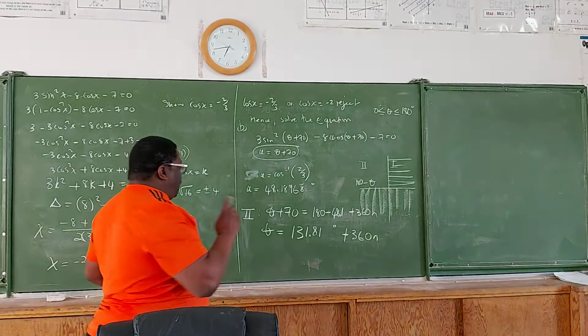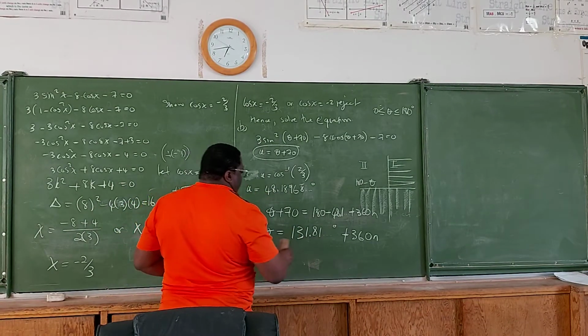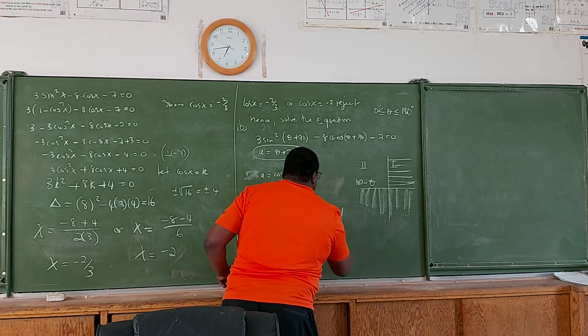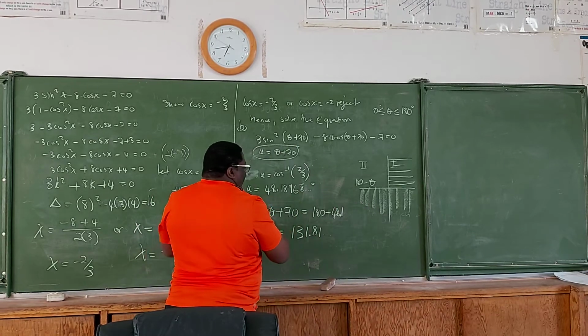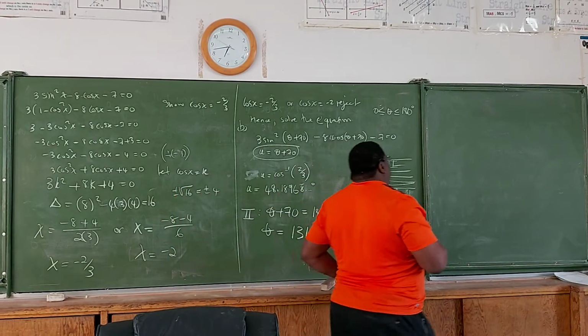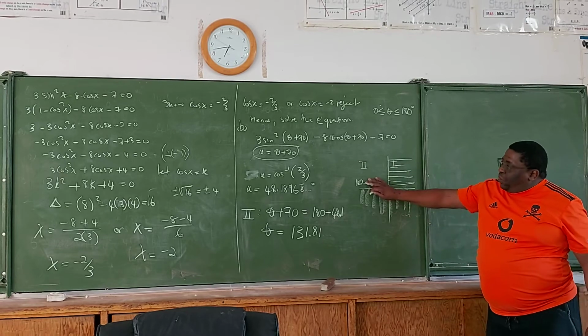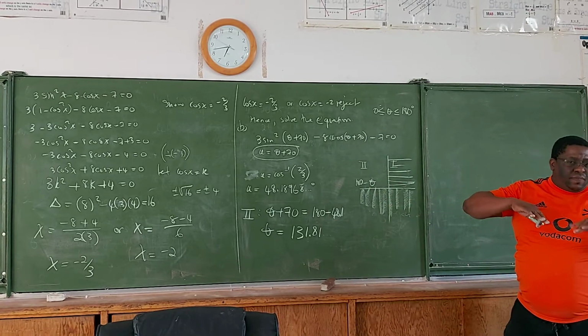What's that? In fact, let us do something first. Let us first find our particular angle. Maybe we can call it a k. Alright, so that we can start solving it. That 131.8. Let's only bring the domain towards the end.